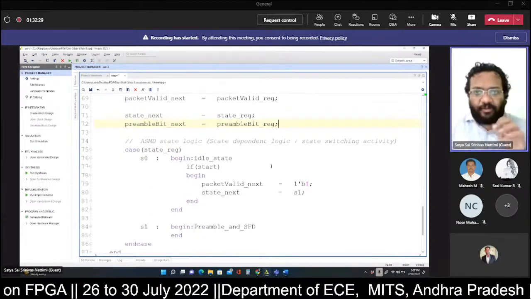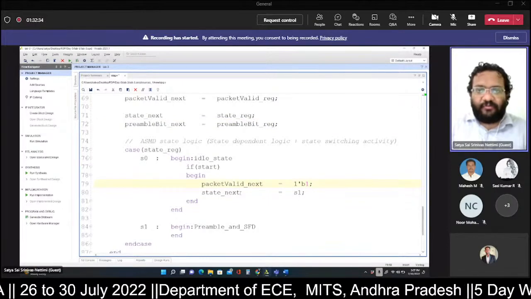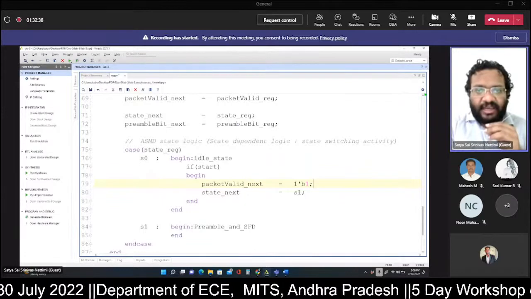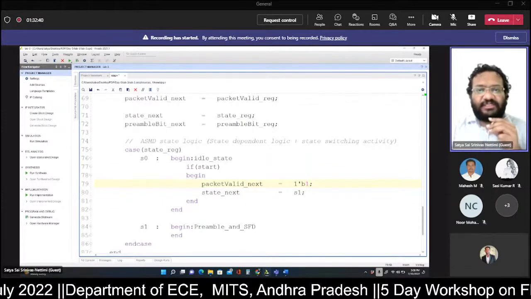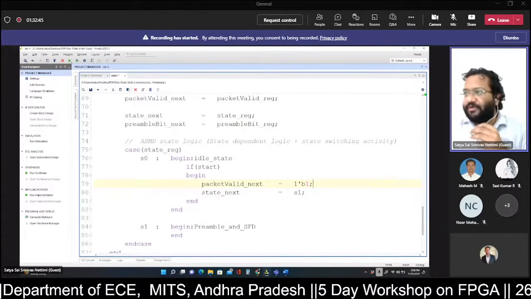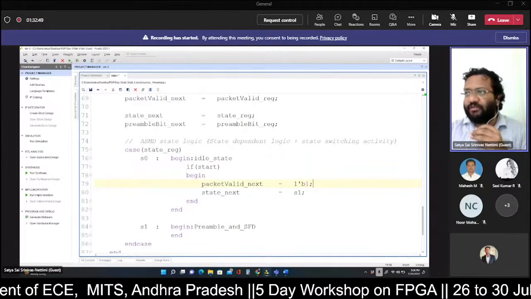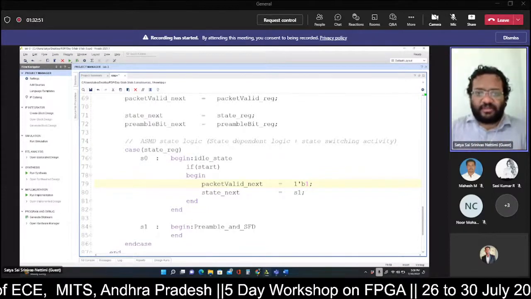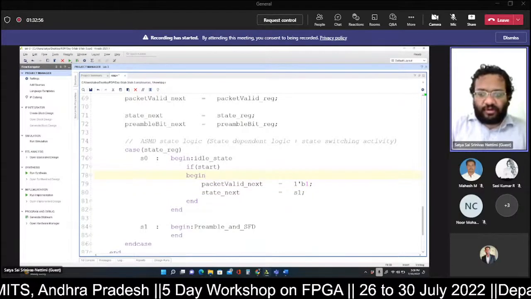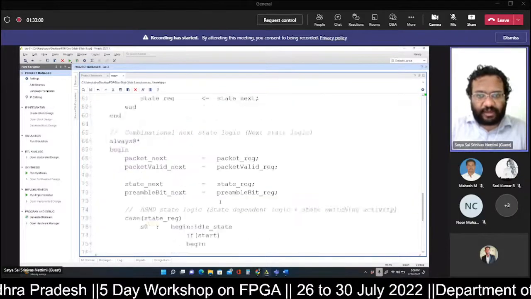Now, while making a transition from the S0 to S1 state, I have to send the first preamble bit on the output line. For that purpose, I will update it via the combinational next state logic, that is packet underscore next.